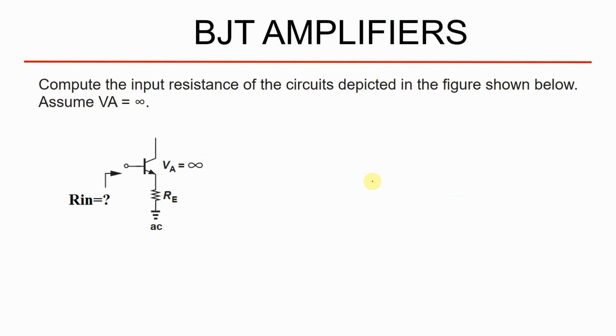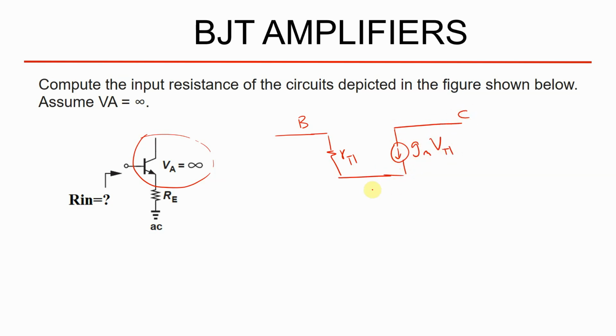Let's jump into it. So look at the first one. In this case, I'm going to draw the small signal model of this bipolar junction transistor. This is base, this is R pi, and here this is GMV pi in the small signal model.